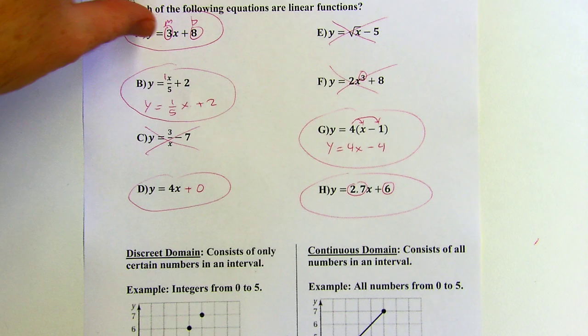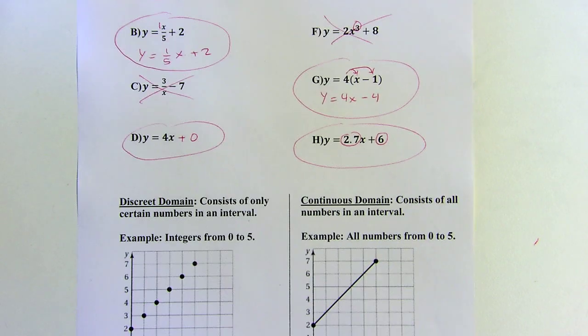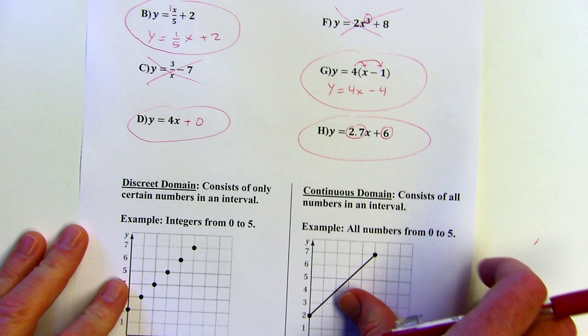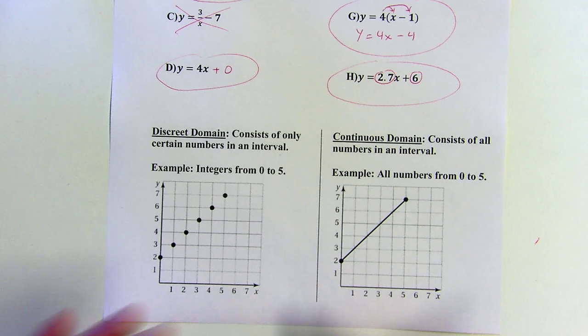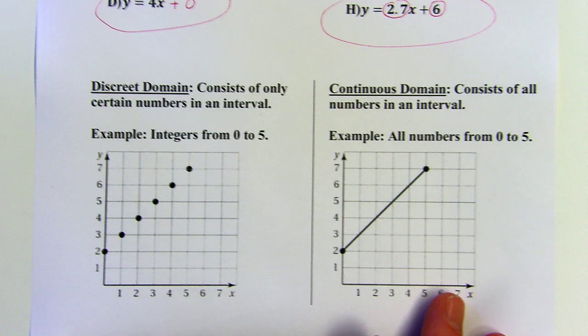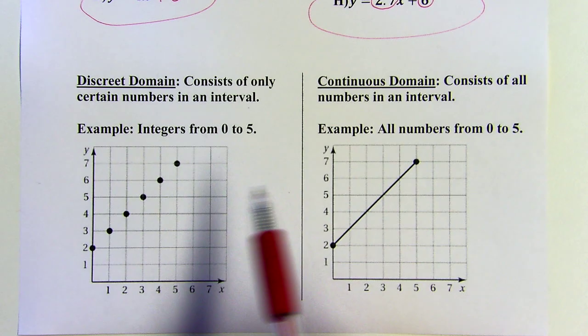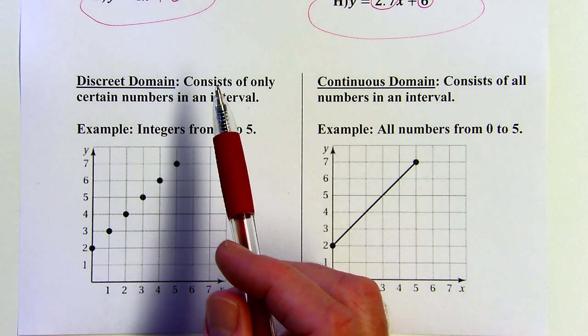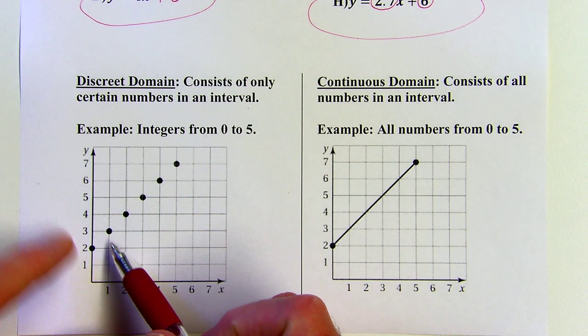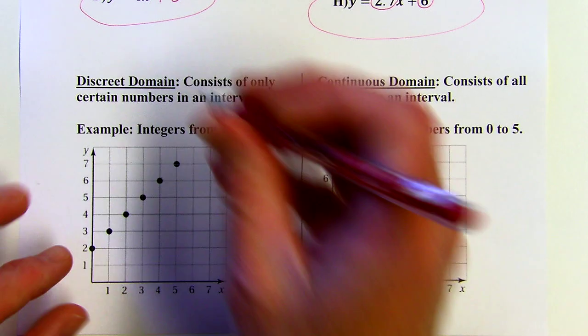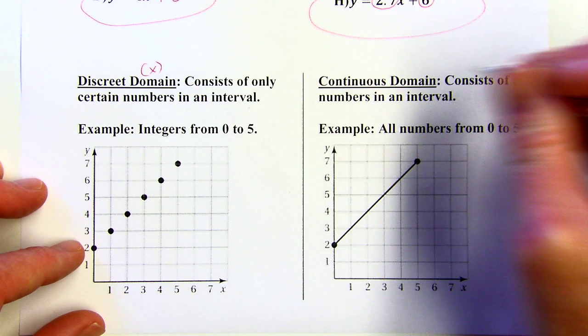Next up, we're going to talk about discrete domain versus continuous domain. All right, so just looking at these pictures, hopefully you can see pretty clearly the difference. So with discrete domain, it's going to consist of only certain numbers within an interval. Remember domain, we're talking about the x's, right?